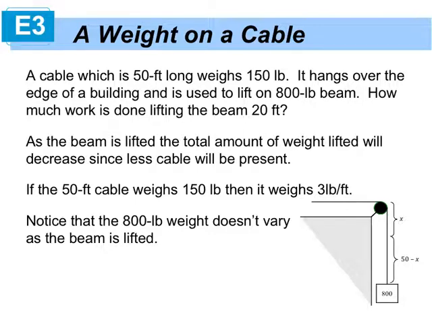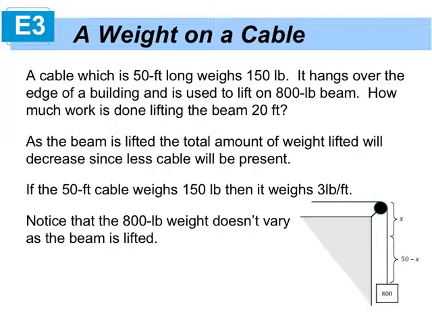It doesn't matter if I just start lifting it or I'm almost close to the top, the 800 pounds stays the same. I'm starting with 150 pounds of cable. And as I start to pull in that cable, things will change. For instance, if I pull in x feet of cable, the 150 pounds will decrease. Are you with me? By how much?